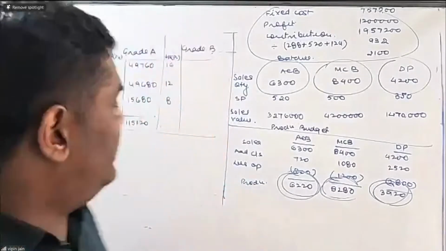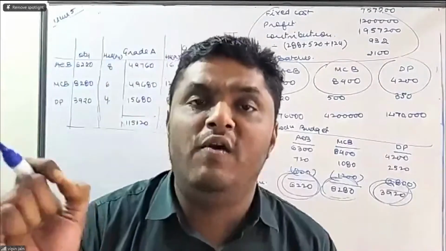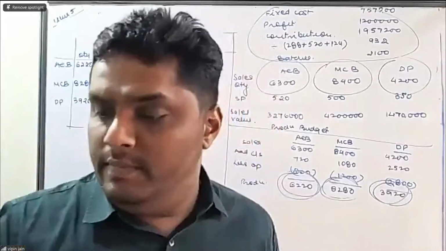See, 115,120. Hopefully, this is correct now. See, these are the total number of grade A hours required.